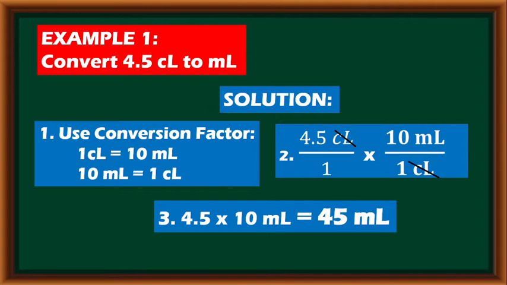If you will compare the given 4.5 centiliter and our answer, ang sabi ko kanina, mas malaki ang value ng centiliter kaysa milliliter. That's why, yung magiging sagot mo sa milliliter should be greater than 4.5, and that is 45. Multiply it by 10.